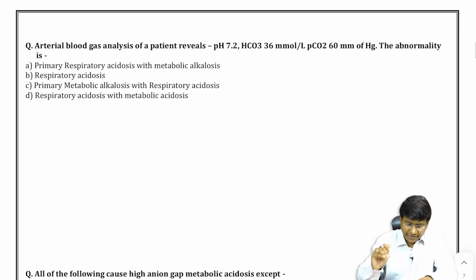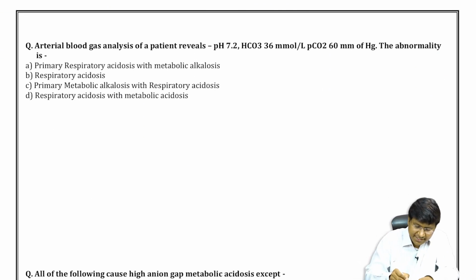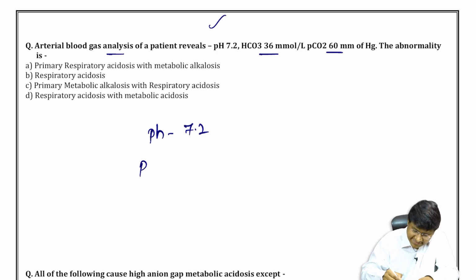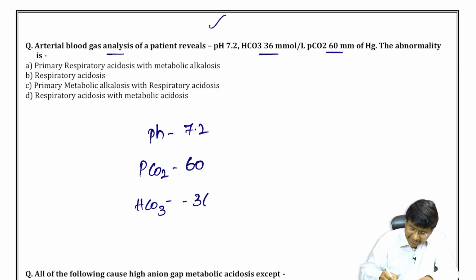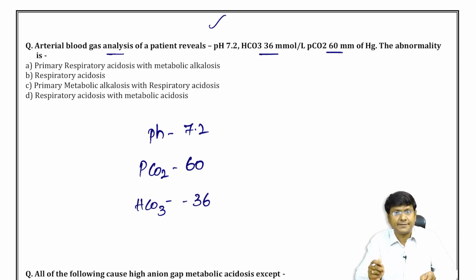Now, take the next question. Arterial blood gas analysis of the patient reveals a pH of 7.2, bicarbonate of 36 millimoles per liter, and PCO2 of 60 millimeters of mercury. Now, what is the abnormality in this patient?